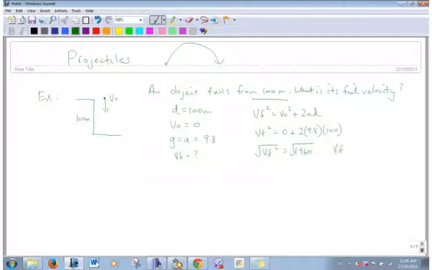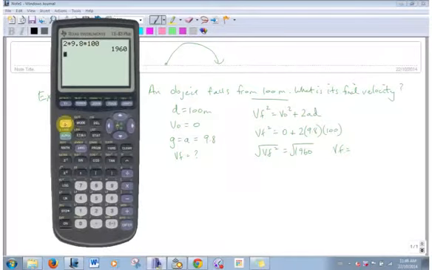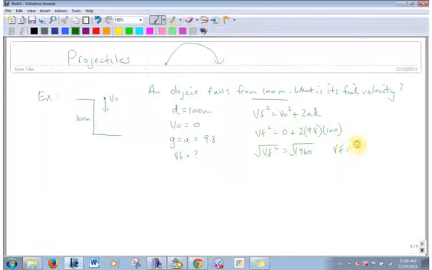So my final velocity is the square root of that, which is 44.3. Let's round it to the tenths.